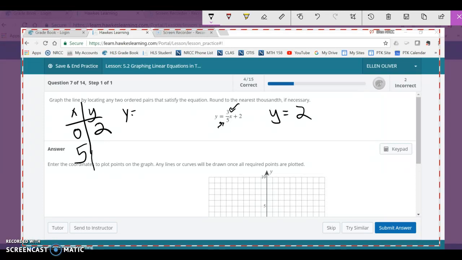So you're going to have y equals 3/5 times 5 plus 2. Well, this is 5 over 1. So 3 times 5 is 15, divided by 5 is 3. So in other words, your 5s here will just cancel out. You'll just get 3 plus 2 is 5. So my 2 points are going to be 0, 2 and 5, 5.